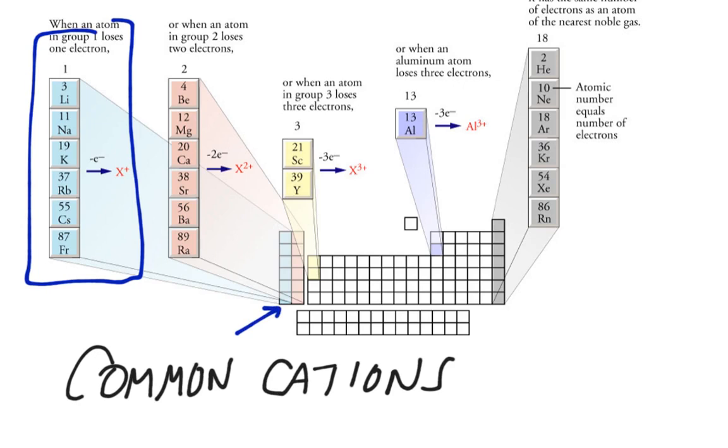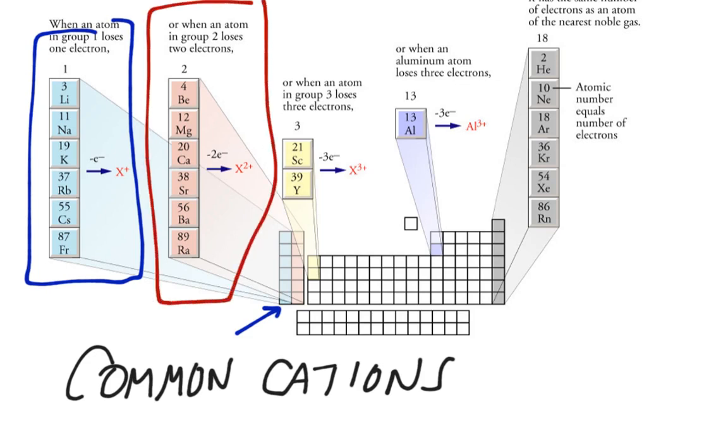Therefore, they will only be able to lose one valence electron and will take a +1 charge. The alkaline earth metals, group 2A, have 2 valence electrons, and they will lose both, take a +2. And we go on, so forth and so on, throughout the columns. Now, the final thing over here at the right is just depicting the noble gases, and these do not have any valence electrons that tend to be lost.